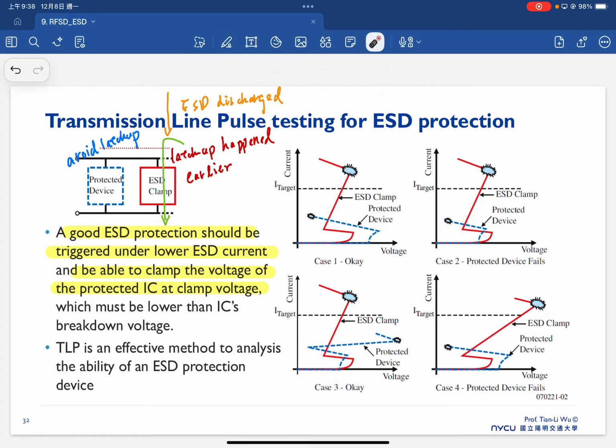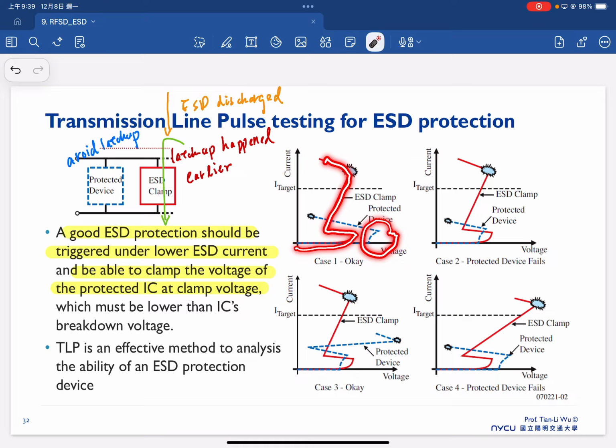If we can have the nearby ESD clamping, and that can latch up earlier, that means once we have the ESD voltage go through here, this will happen earlier, so all the charge will go through this ESD clamping, and therefore we won't influence our protected device.